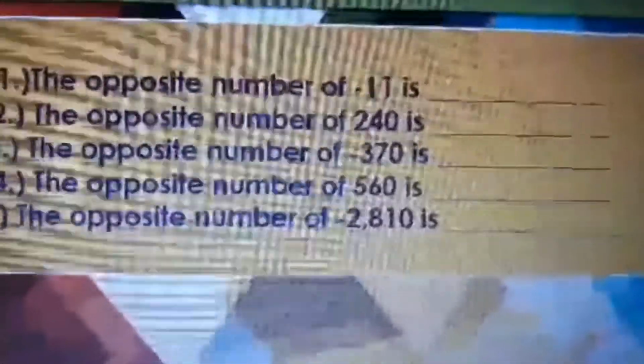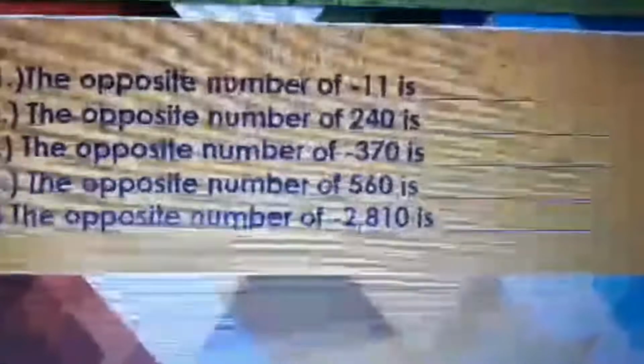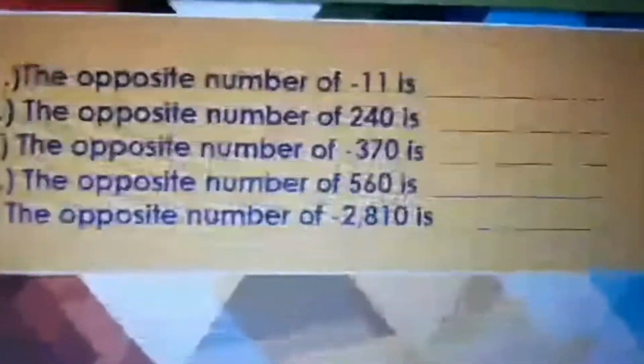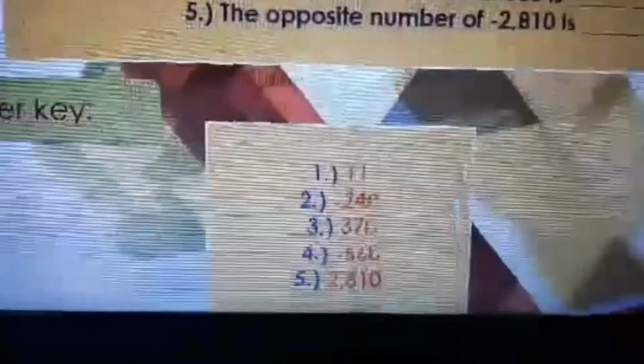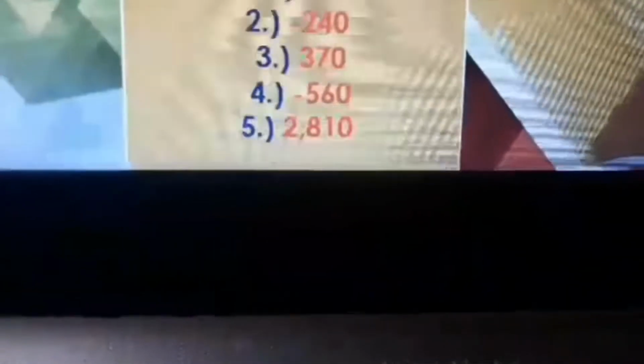In number 5, the opposite number of negative 2,810 is 2,810. Here are the answer key if you want. Number 1, 11. Number 2, negative 240. Number 3, 370. Number 4, negative 560. And number 5, positive 2,810.